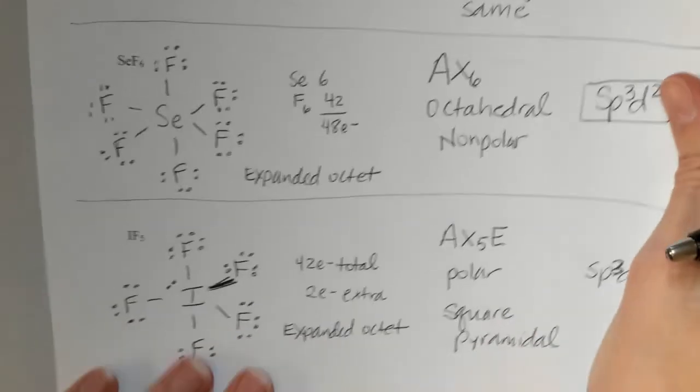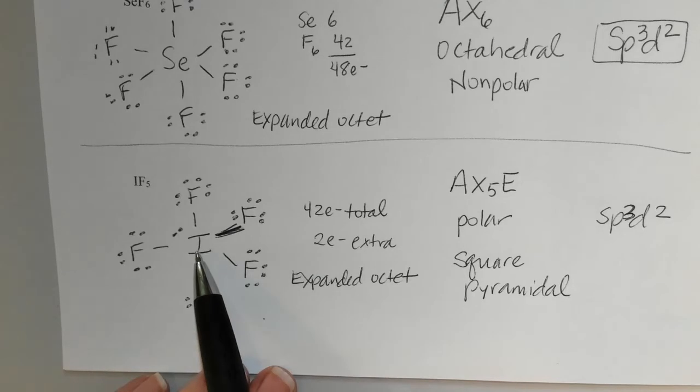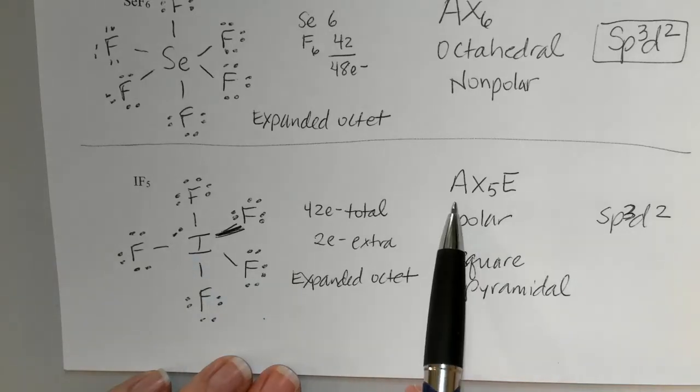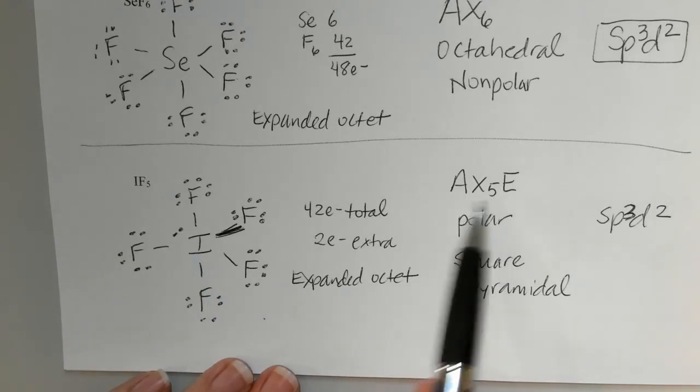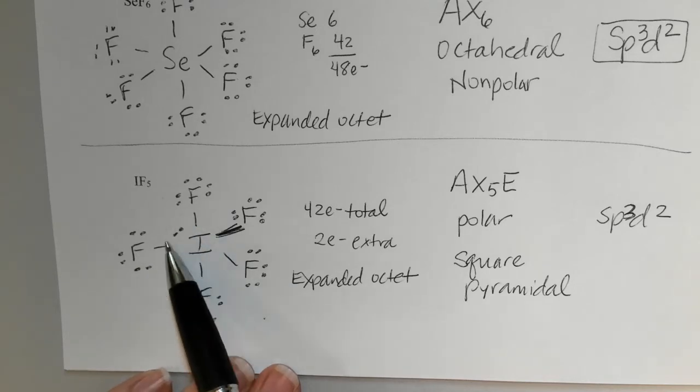Now, in the next example, we've got iodine pentafluoride. Here we have iodine in the center, 5 bonded fluorines, but a lone pair on the iodine, expanded octet. So this notation would be AX5E: 5 bonding fluorines, and the E is the lone pair on the iodine.